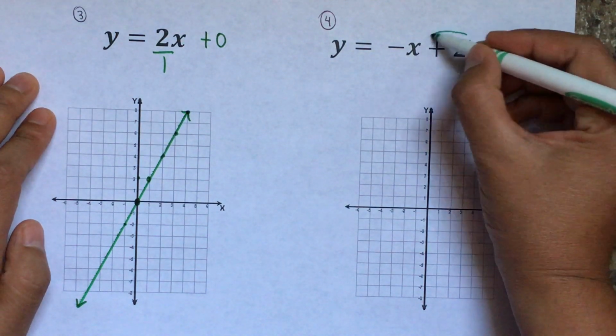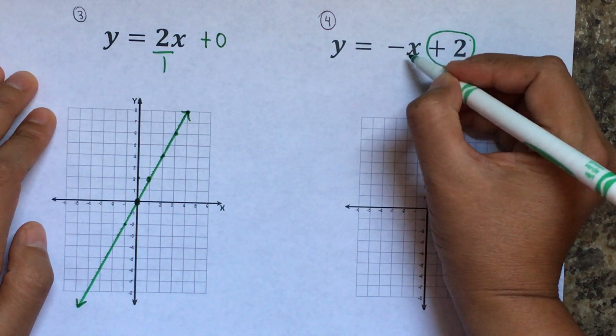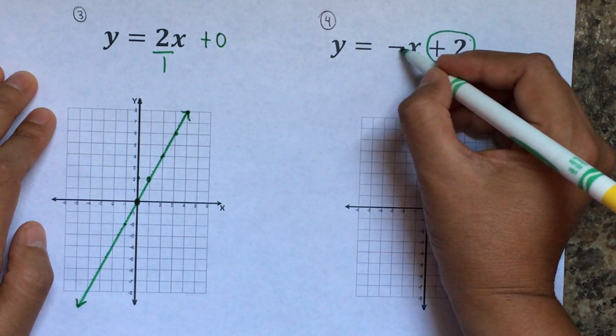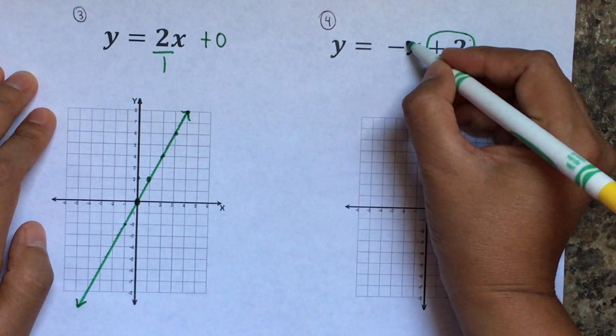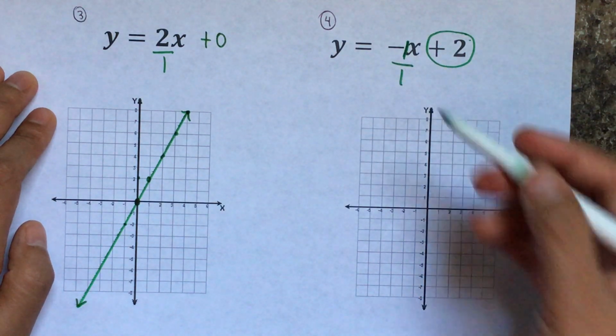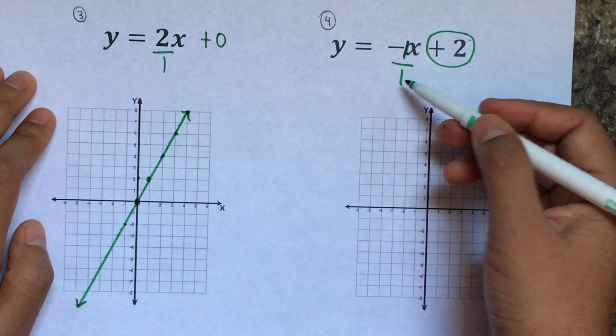Okay, this one does have an initial point, and we don't have a slope. It just has a negative in there. When we don't have anything next to the x, we're going to add a 1 and a 1. So it's -1 for the rise, +1 for the run.